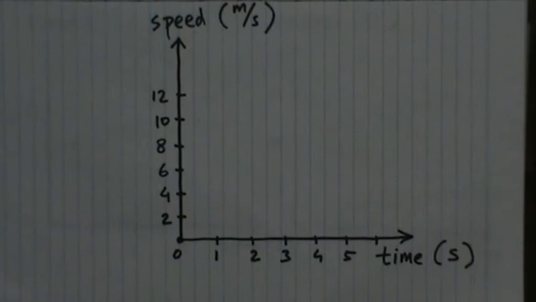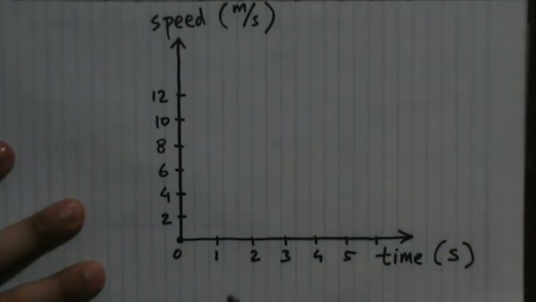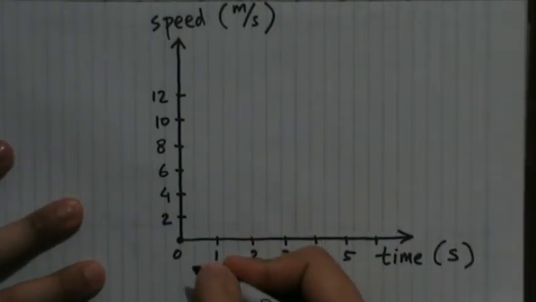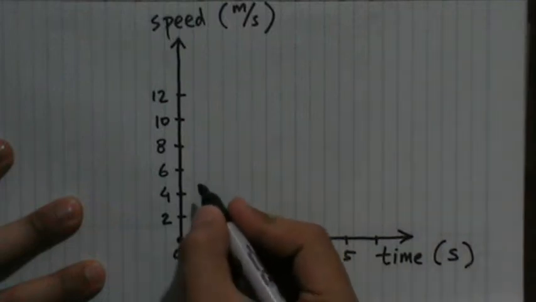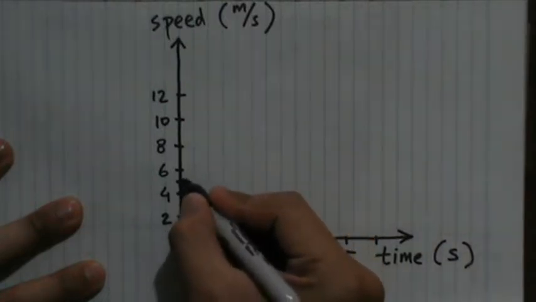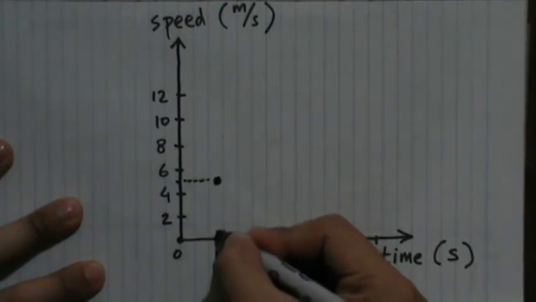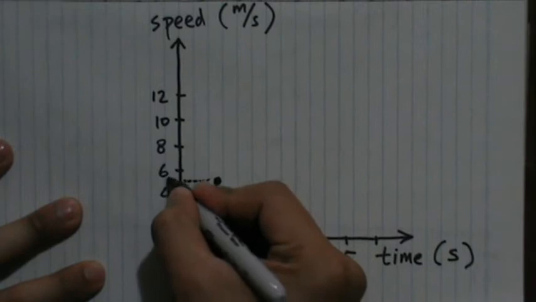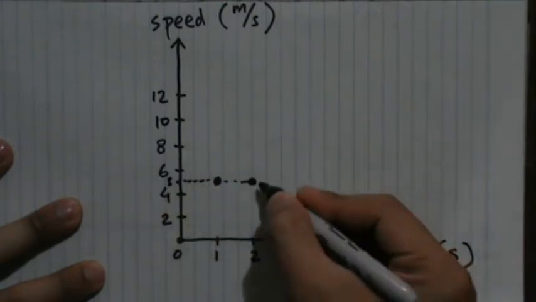The first graph that we will draw here is the speed versus time graph. As you saw before, the first car moves with constant speed 5 meters per second, meaning that the value of the speed is always constant. So in 1 second it's 5, and then it's also 5.